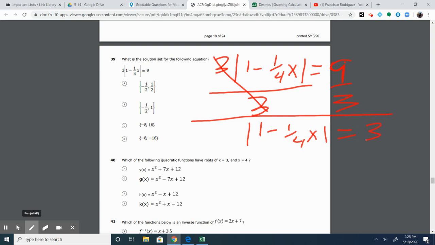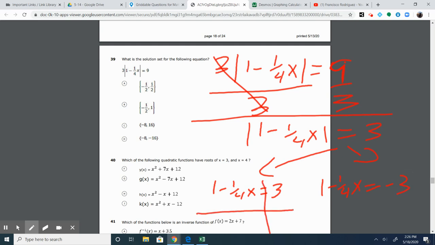Now what's going to happen is we're going to split this into two equations to get rid of that absolute value. 1 minus 1/4 x will be equal to 3. But then we're going to have one where 1 minus 1/4 x will be equal to negative 3.